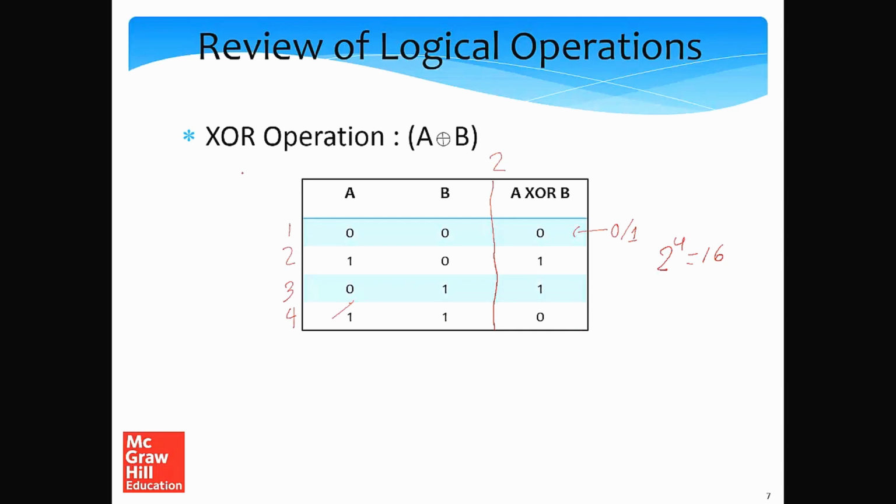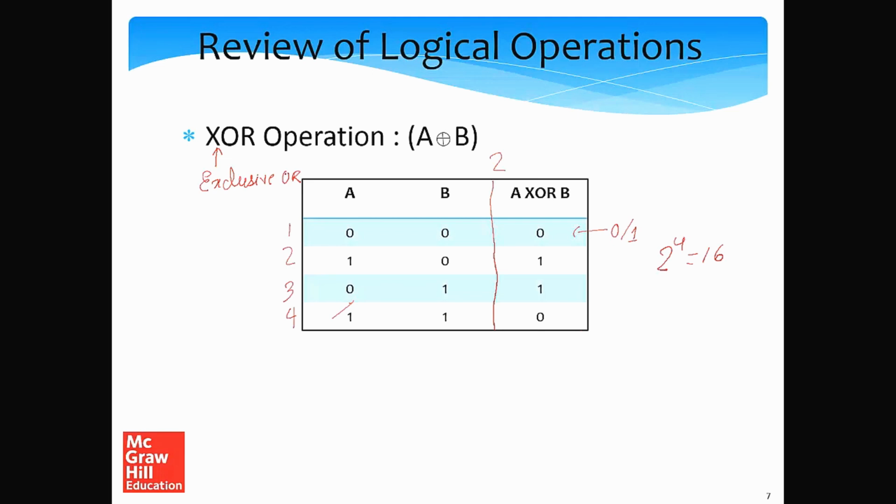So the XOR, that's how it is called. The X stands for exclusive OR. Exclusive OR basically means that it is true only when A is 1 and B is 0, or A is 0 and B is 1. In the rest of the cases, it is equal to false. So as we can see in the first row, both A and B are 0 and 0, so A XOR B is 0.